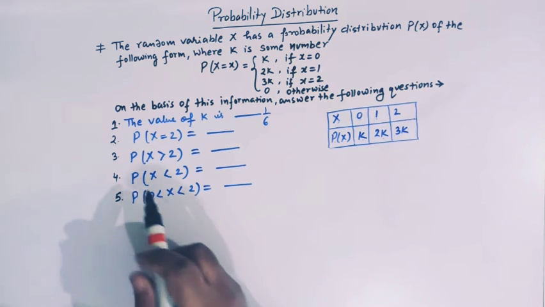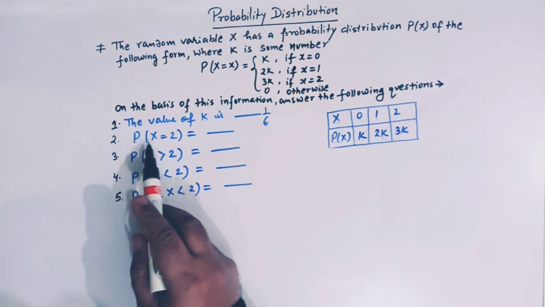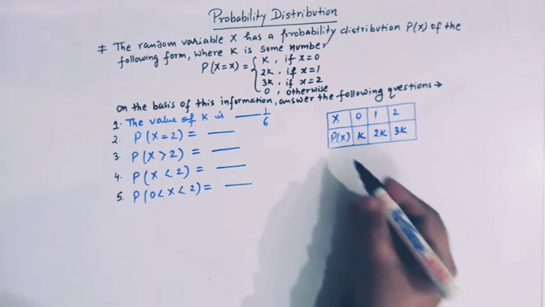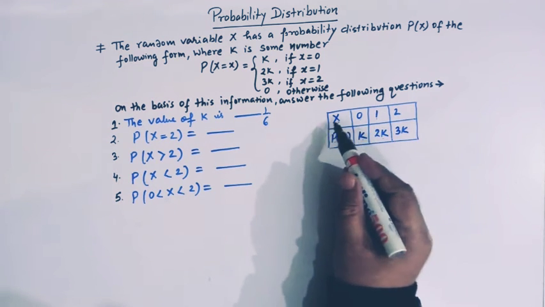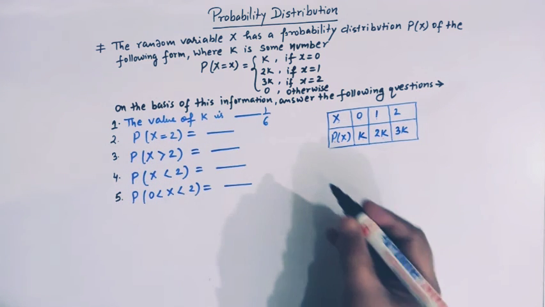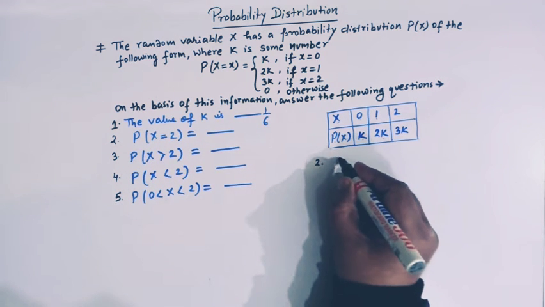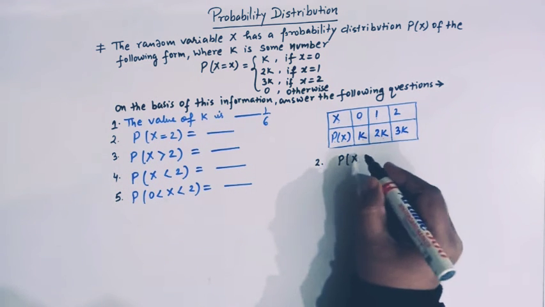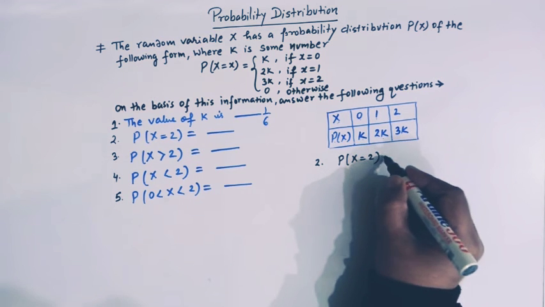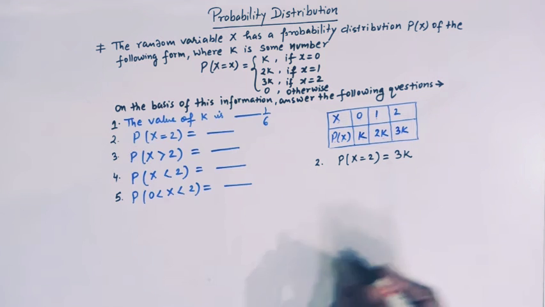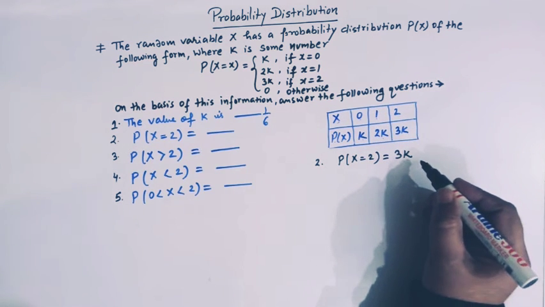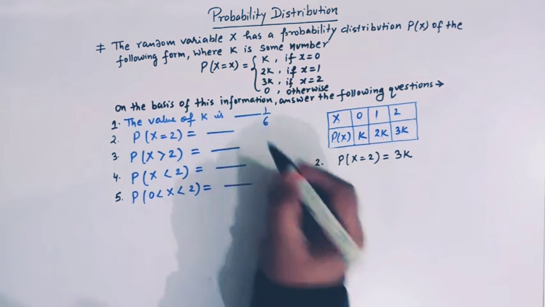Now let us find the value of p of x equal to 2. It means we have to find the probability when x is equal to 2. So we know that p of x equal to 2 is given by 3k, right? And we have just calculated that the value of k is 1 over 6.